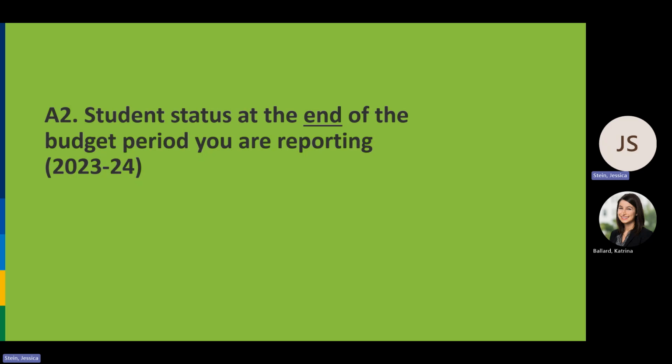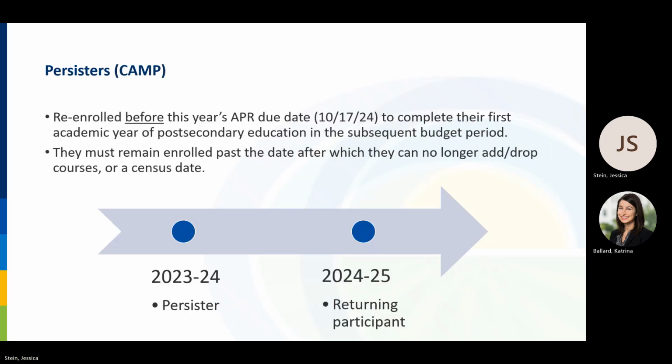Next, we will review terms for A2. Persisters are camp first academic year college students who completed intake and were enrolled in and attending college courses past the date after which students can no longer add courses or census date, whichever is the point when a student's official enrollment status for the academic term is evaluated, and did not complete their first academic year of college and enrolled for continuing instructional services in support of completing their first academic year of post-secondary instruction in the subsequent budget period prior to this year's APR submission due date.